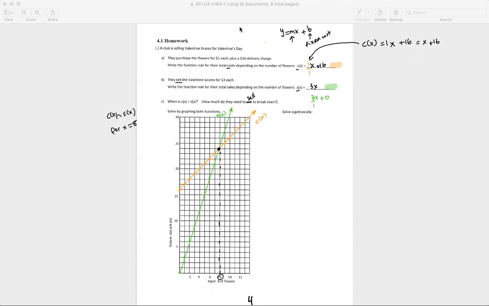So that's when they break even. It costs them $8 to make. They also make $8, so they break even. So how much do they need to sell to break even? They need to sell 8 flowers in order to break even.